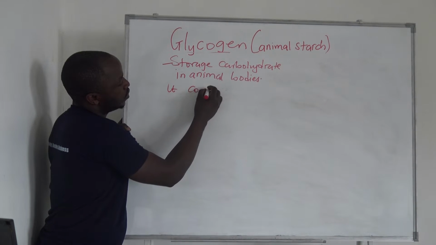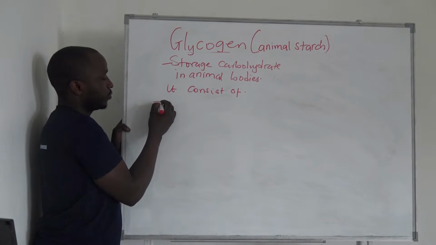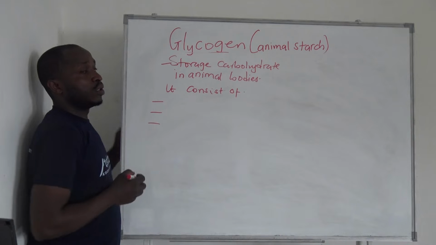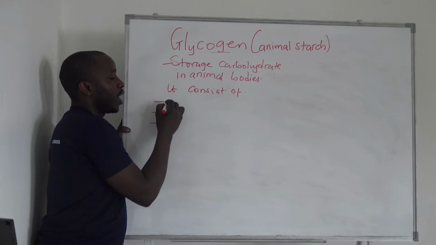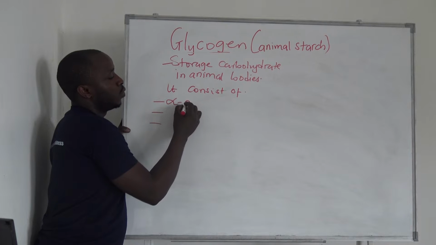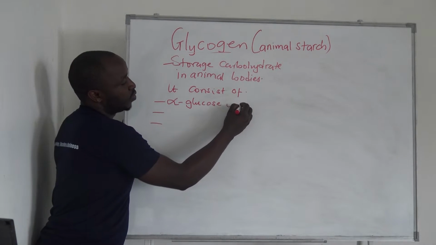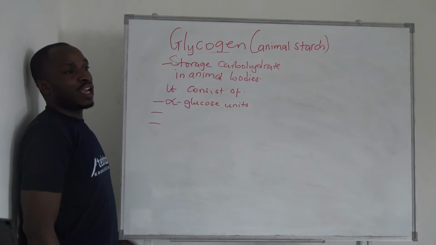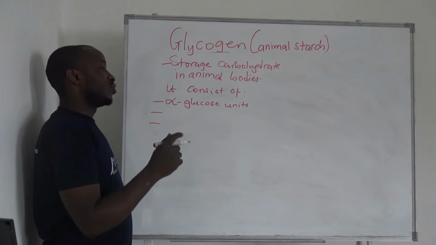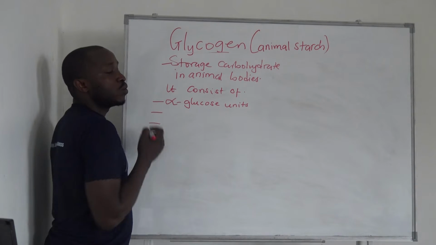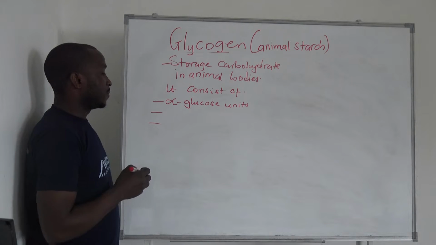It consists of alpha glucose units. When you digest starch and absorb it from the ileum into your blood, the excess alpha glucose is converted into glycogen and stored.